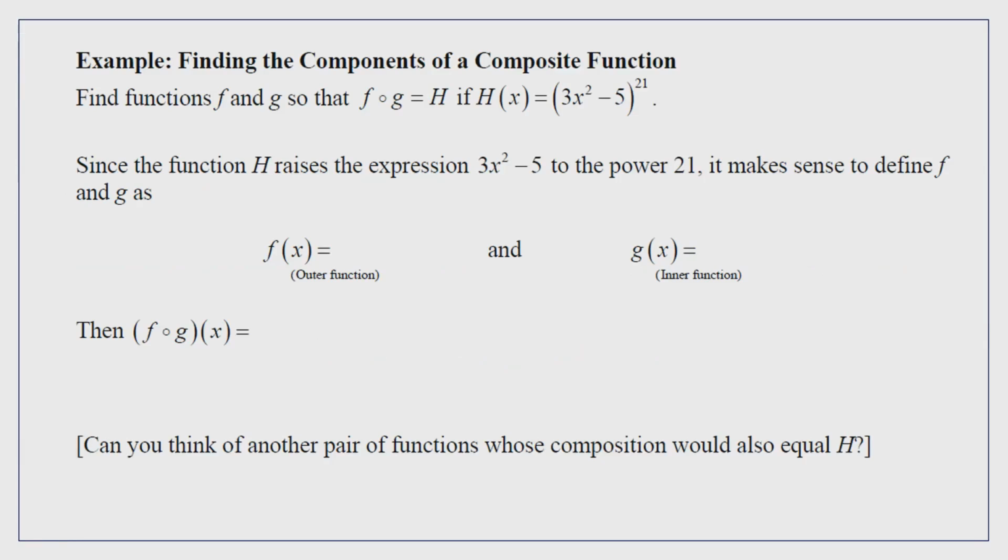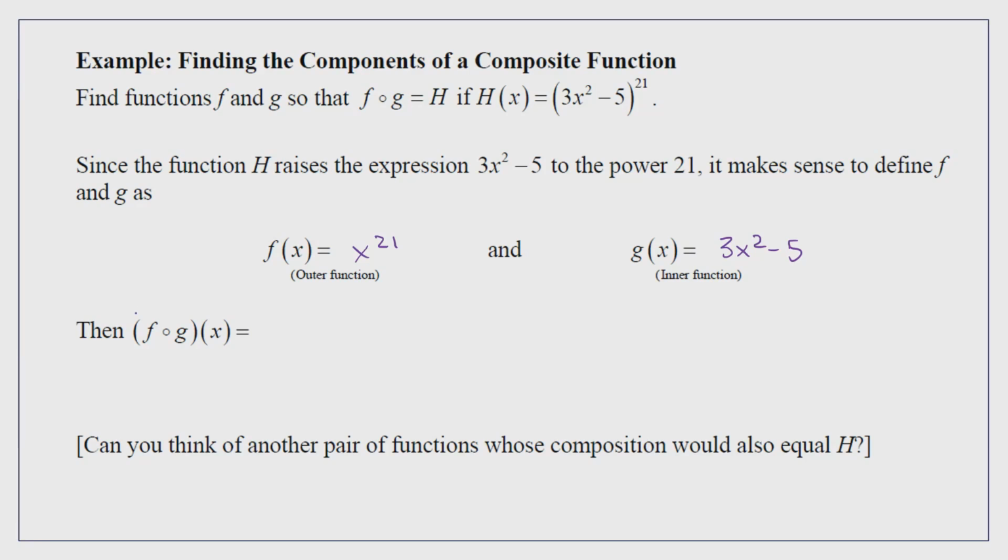So we are asked to find functions f and g so that f composed with g equals h if h of x equals the quantity 3x squared minus 5 to the power 21. Since the function h raises the expression 3x squared minus 5 to the power 21, it makes sense to define f and g as f of x equals x to the power 21 and g of x equals 3x squared minus 5, where f of x is our outer function and g of x is our inner function.